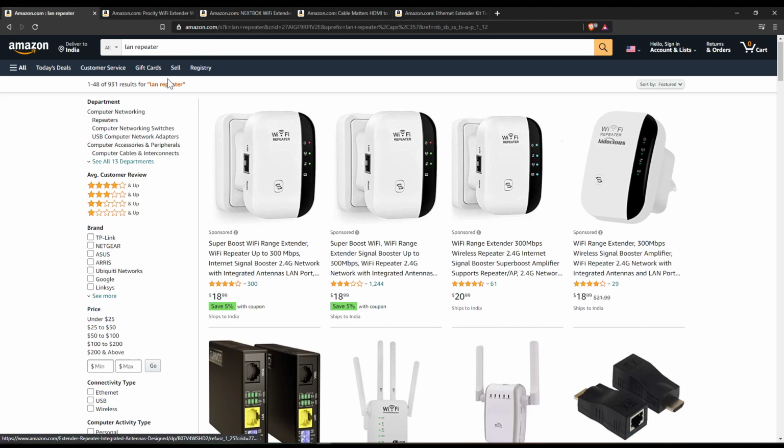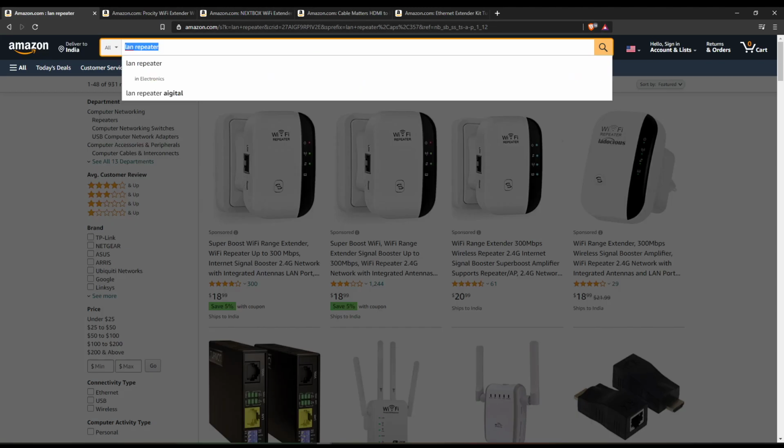Hub is also a kind of device like a repeater. You will also see this hub for different mediums, different technologies, and different telecommunication networks.